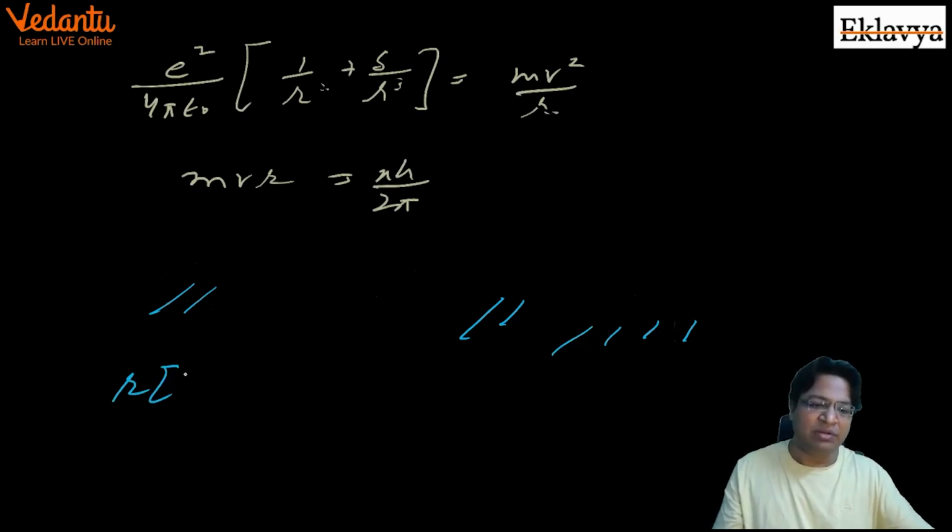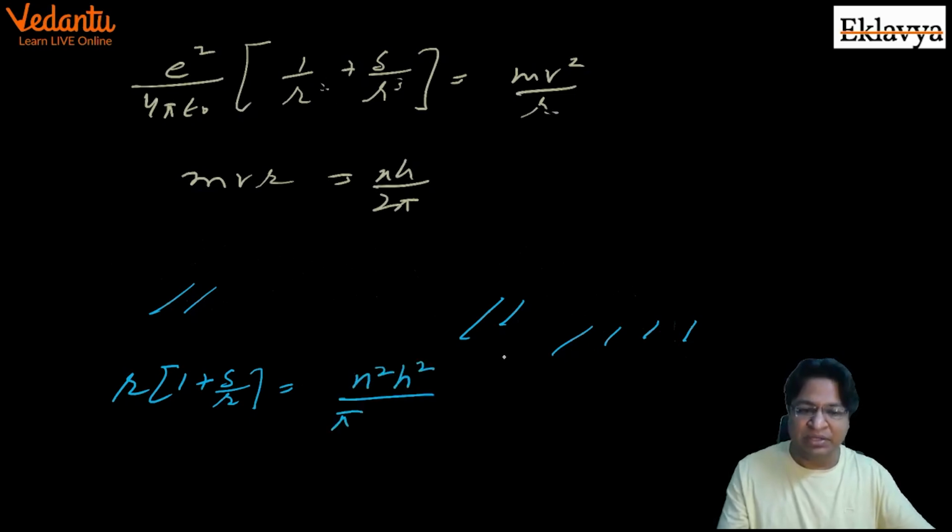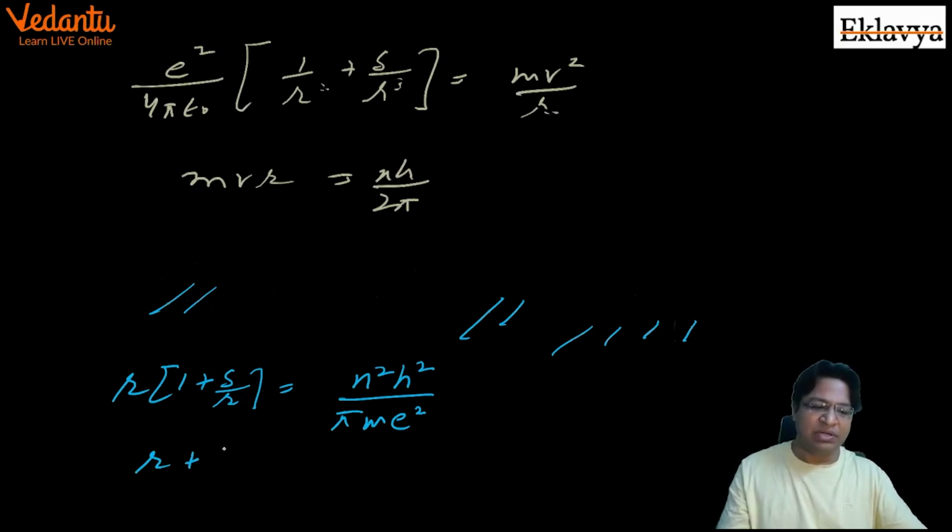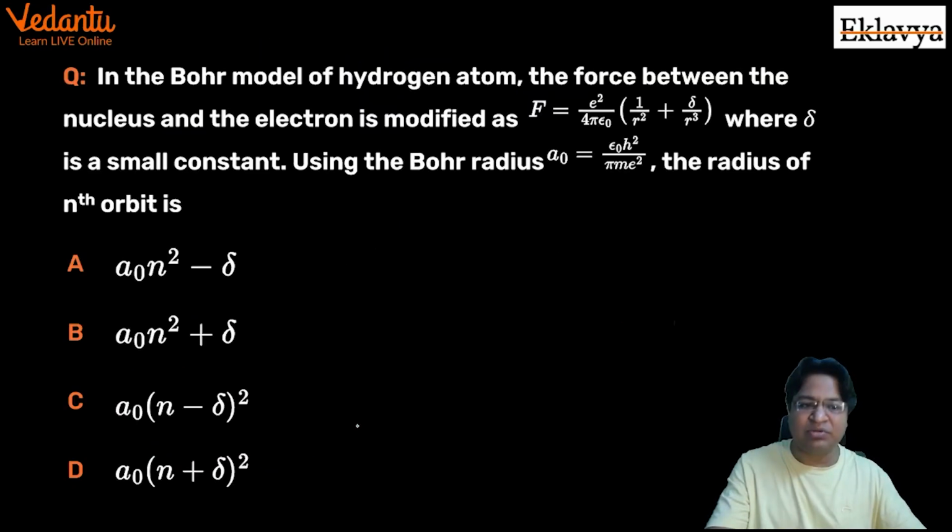So r multiplied by 1 plus delta by r is equals to, I'm taking everything else on the other side, so this is n square h square by pi m e square. And this becomes r plus delta is equals to n square h square by pi m e square.